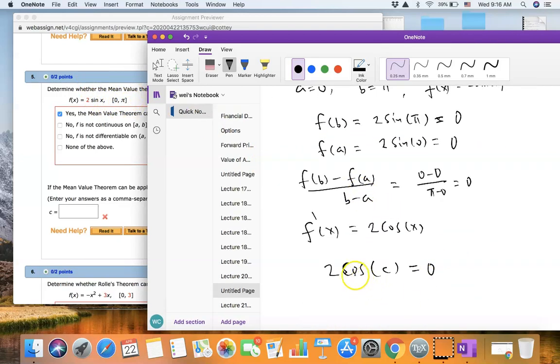So in trigonometry, we said that between 0 and pi, when x equals pi over 2, then cosine of x will be 0. So the answer is c equals pi over 2.